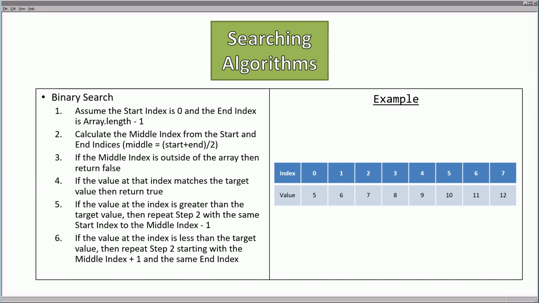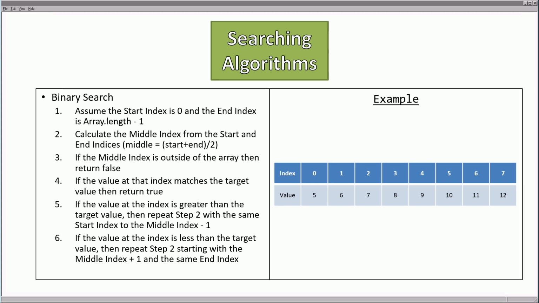Then you compare that middle value to the target value that you're looking for. If the target value is less than that middle value, then only look on the left-hand side of that value. And alternatively, if the value that you're looking for is greater than that middle value, then look at the greater side, the right-hand side of that array.